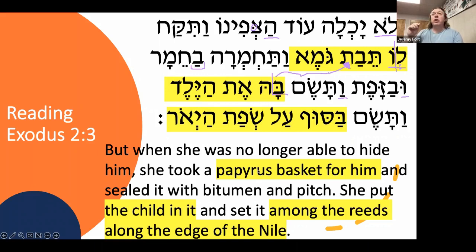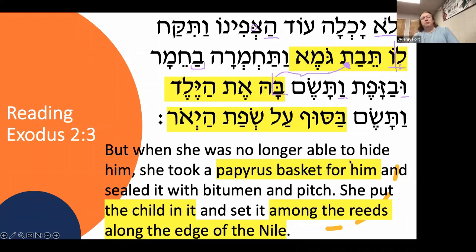There's no word for wood. It's a tevat gopher. There's no word to indicate it's a tree or a wood. We'll see that actually tomorrow. So what do we have here? But when she was no longer able to hide him, this is Moses' mom, she took a papyrus basket for him. Where's the for him? Low.